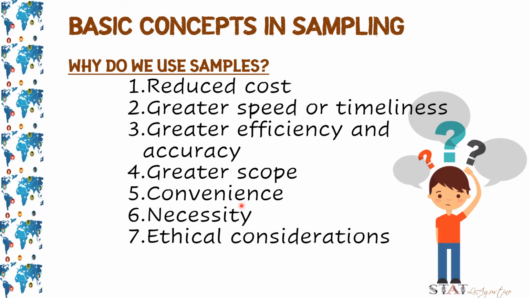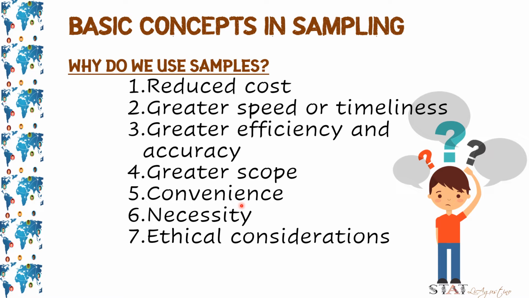That's why we use samples, especially since they have similar characteristics. So it's still scientific. You can still get data or relevant information from those samples, because they possess the same characteristics of the population. So it is to reduce costs. That's why we use samples.